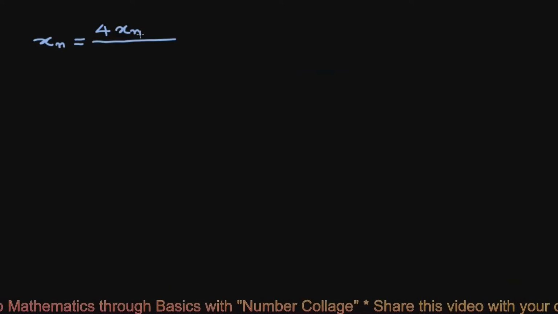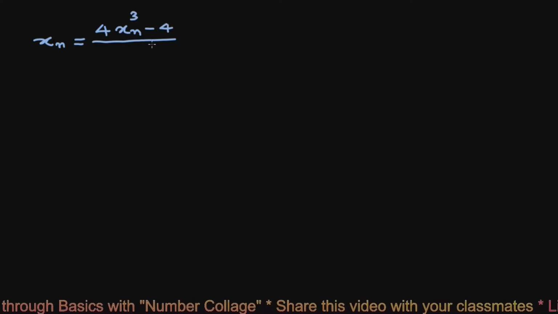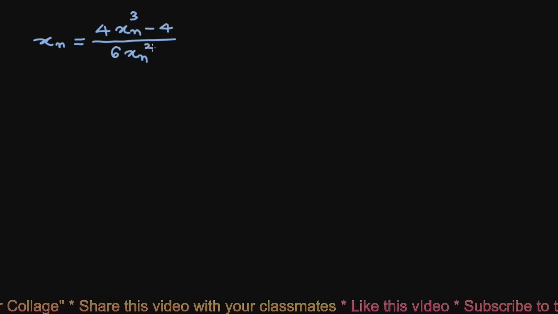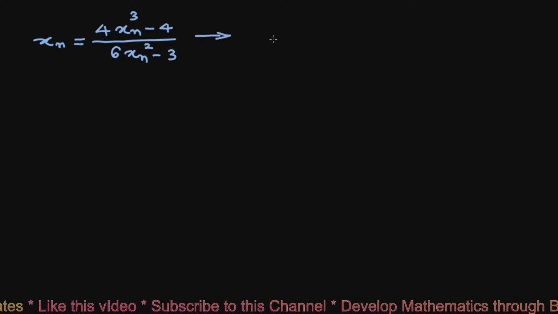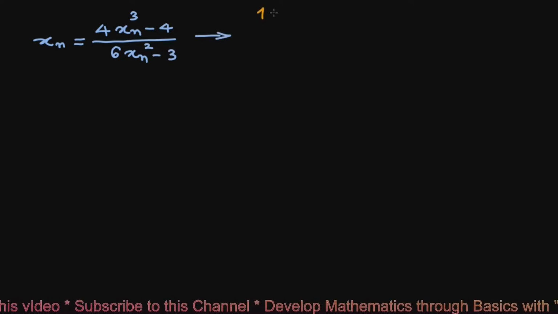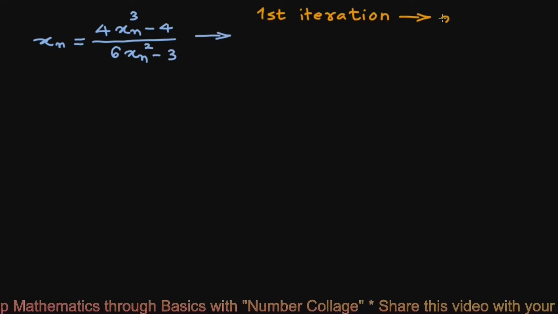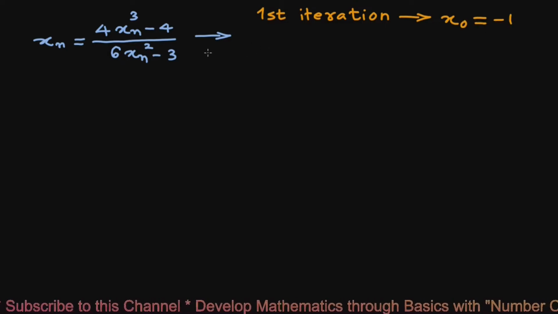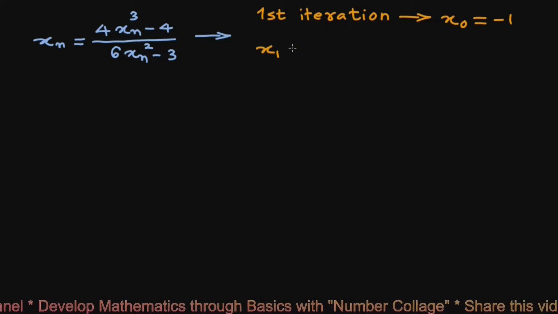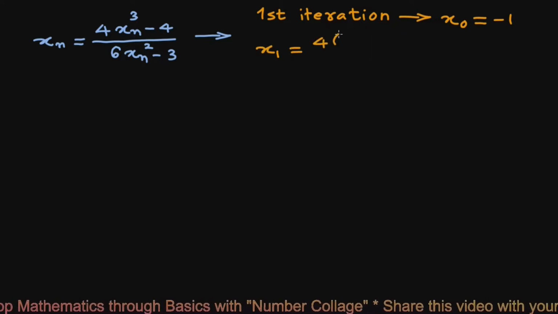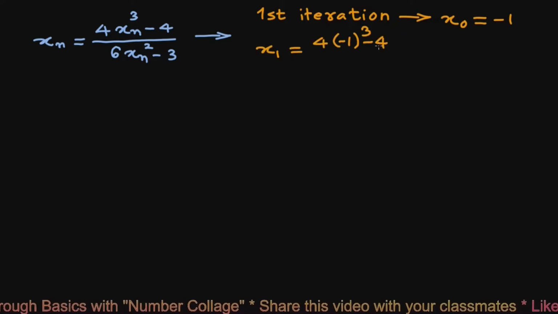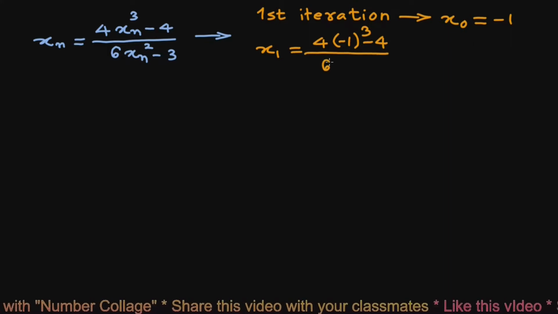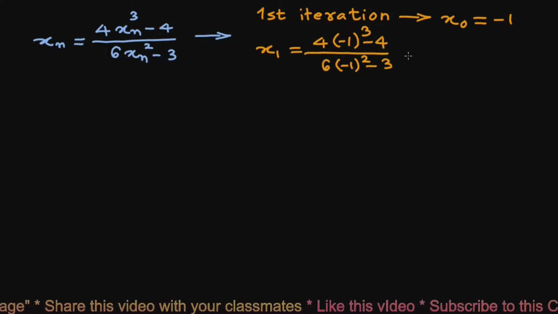Now that we have the iterative formula x of n plus 1 equals 4 xn cubed minus 4 upon 6 xn squared minus 3, we will start our first iteration with base root x0 equals minus 1, so that the first iteration x1 will be 4 into minus 1 cubed minus 4 upon 6 into minus 1 squared minus 3.